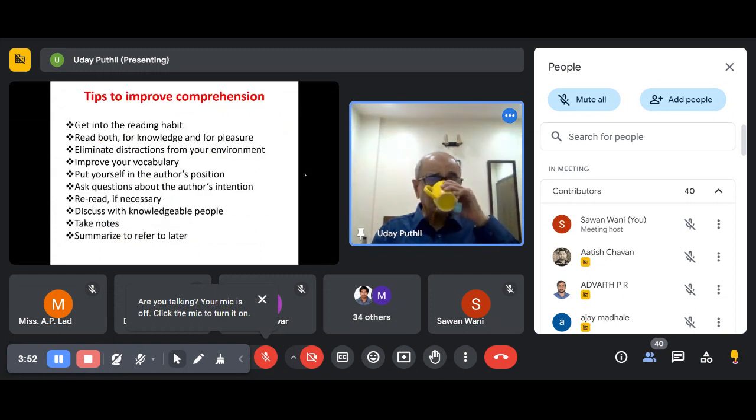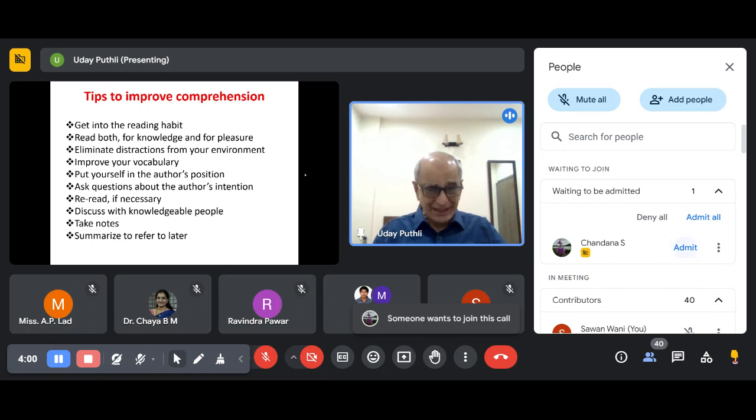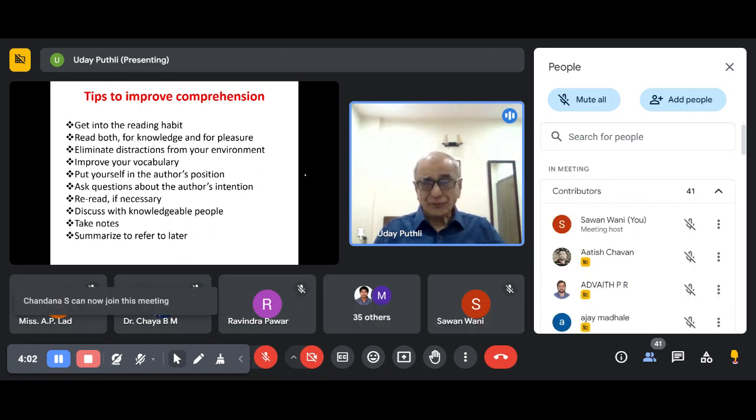So we saw these tips on how to improve comprehension. The most important is get into the reading habit. Read both for knowledge and pleasure. It's not only your technical books that you have to read, there are a lot of other things. Do not have distractions in your environment, because that way your reading gets hampered, your understanding gets hampered.